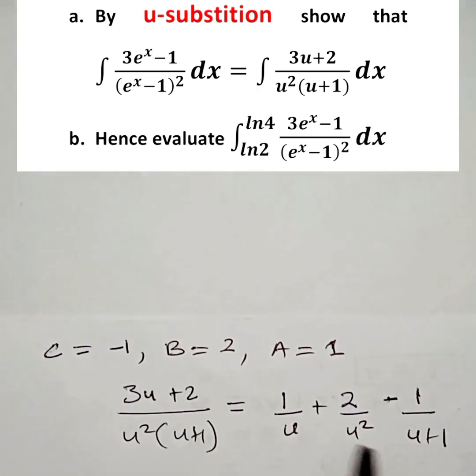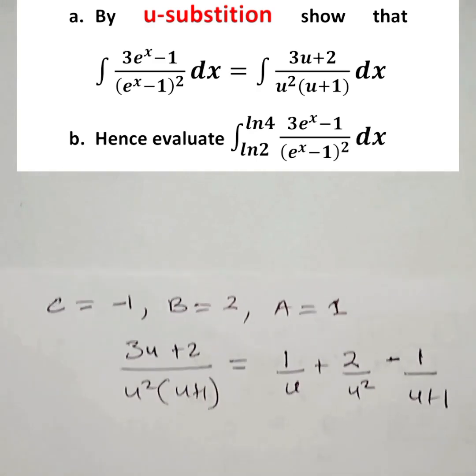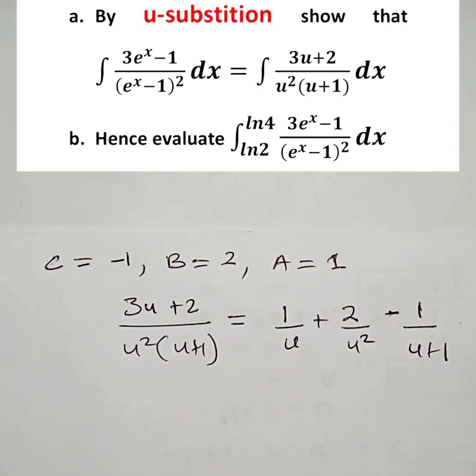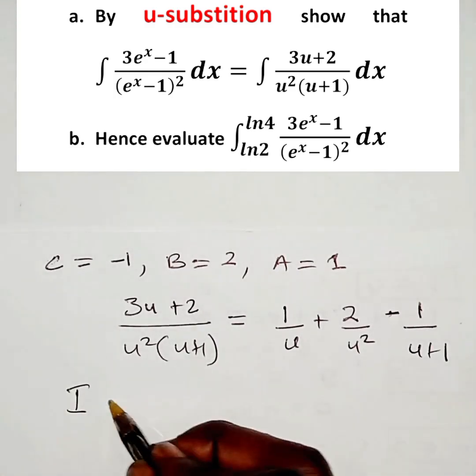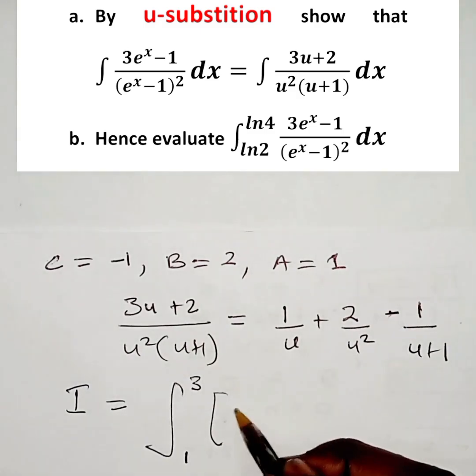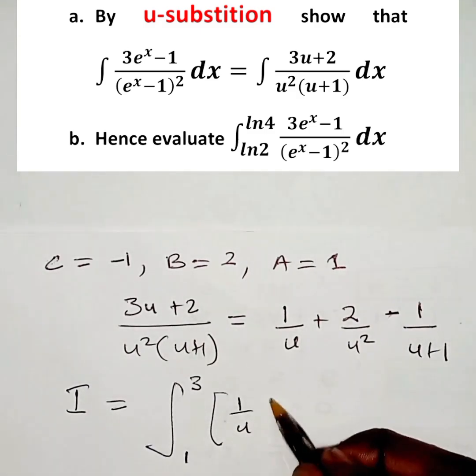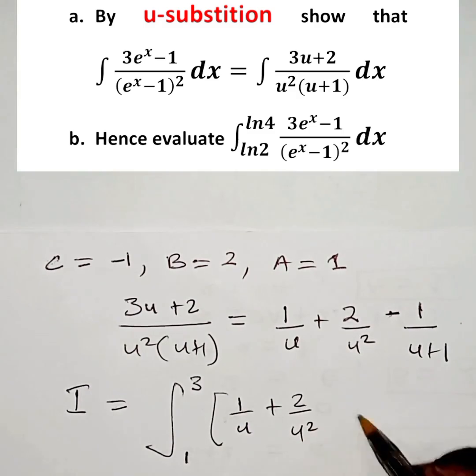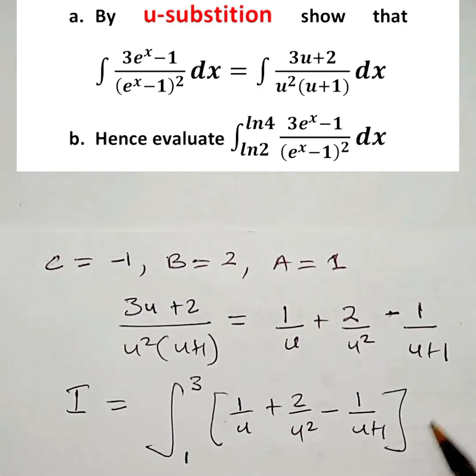So we are going to integrate that. All right. So we are going to say now our integral, the integral that we require is equal to, remember we said the upper limit is 3 and the lower limit is 1. So we're going to say that's the integral of 1 over u plus 2 over u squared minus 1 over u plus 1 du.